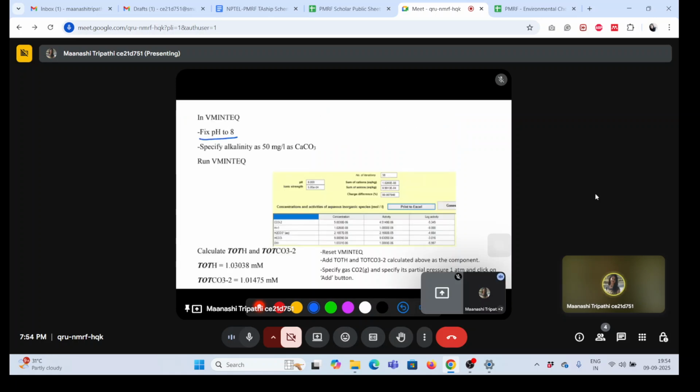We need to fix the pH to 8 and specify the alkalinity. Simple, run Visual MINTEQ and calculate these values.